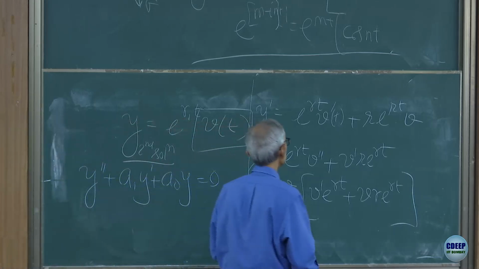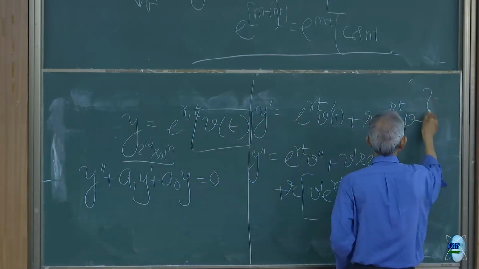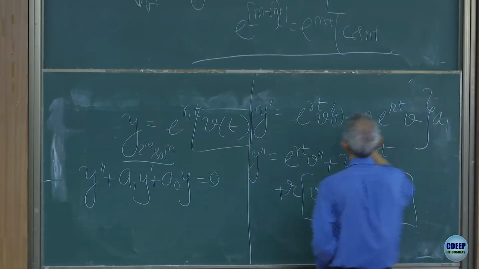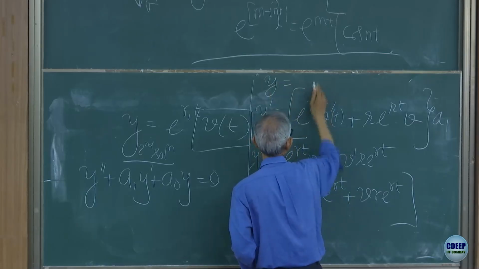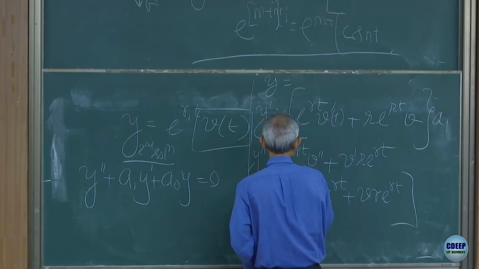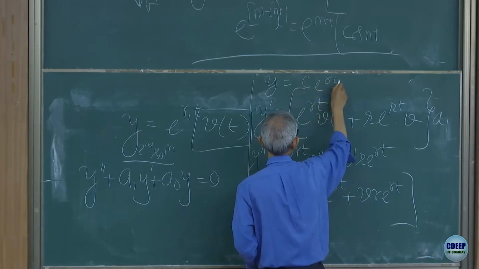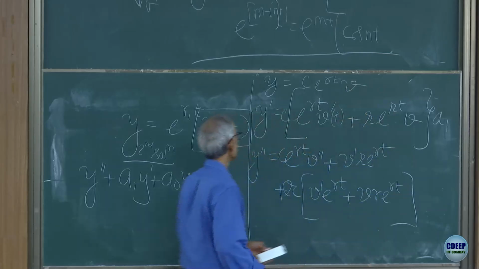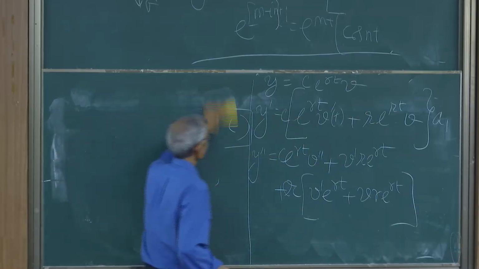And you can do the algebra. So y prime is this, y double prime is this. So multiply this guy with a1, and then y is c e to the rt times v, and you go ahead and add up all these guys. Okay.